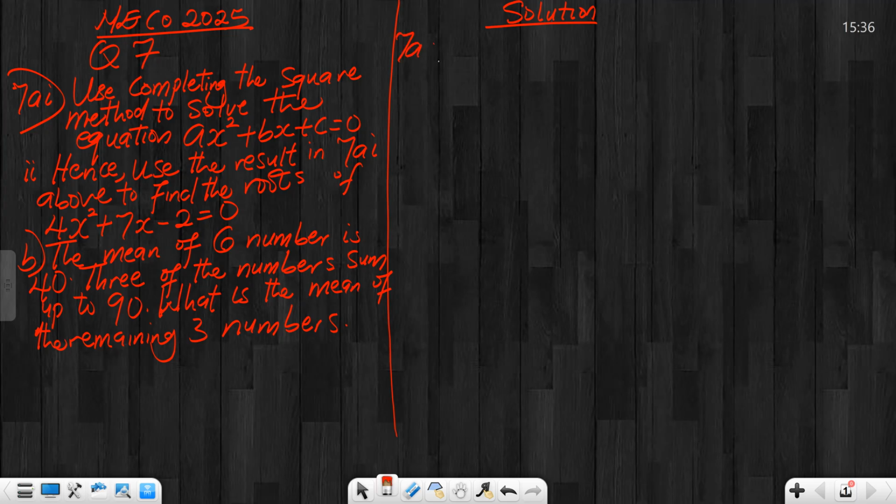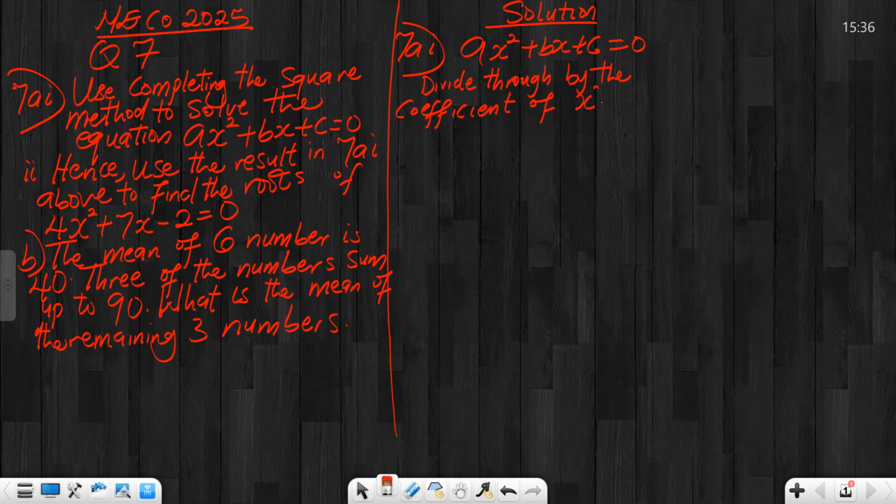Here I have 7ai. The question is ax squared plus bx plus c equals 0. The first thing we are going to do is divide through by the coefficient of x squared. The coefficient of x squared is a.